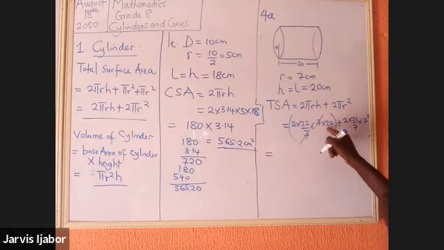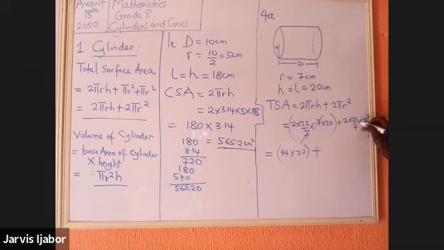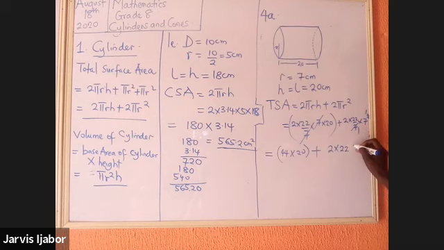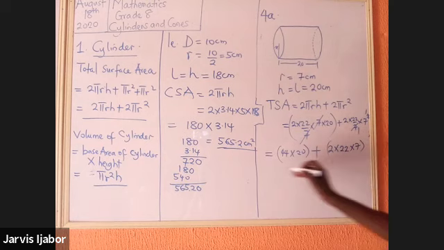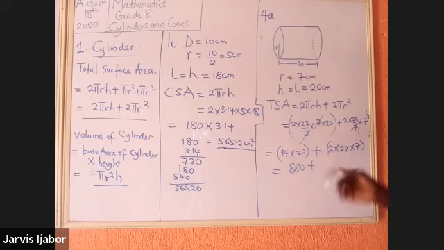Now, this will go with this, and your final answer will become what? 44 times 20, plus 7 goes here 1. 7 into the index is 1 because there are 2 7s here. So that will be what? 2 times 22 times 7. So that will give me 8 here plus 44 times 7.